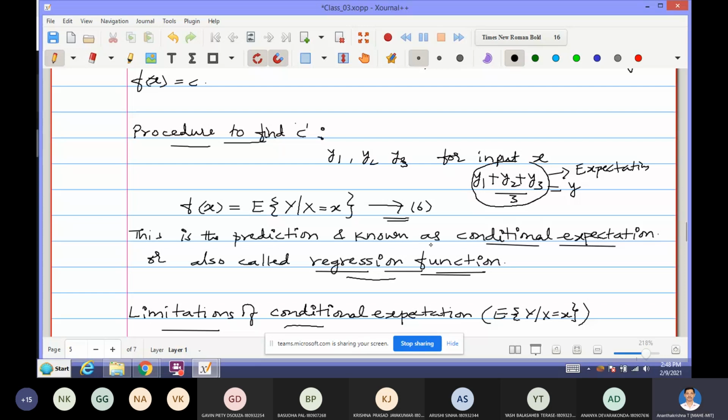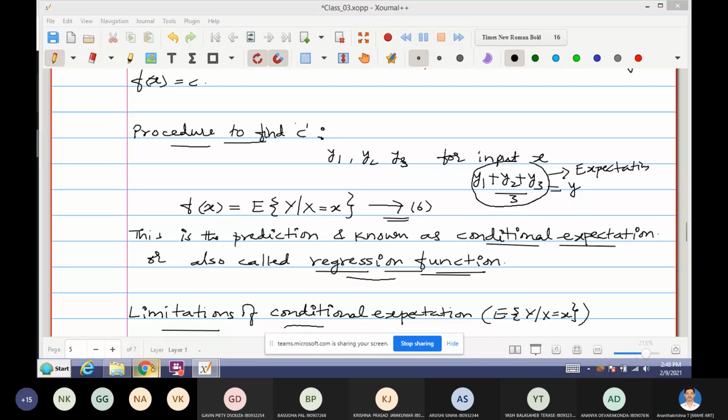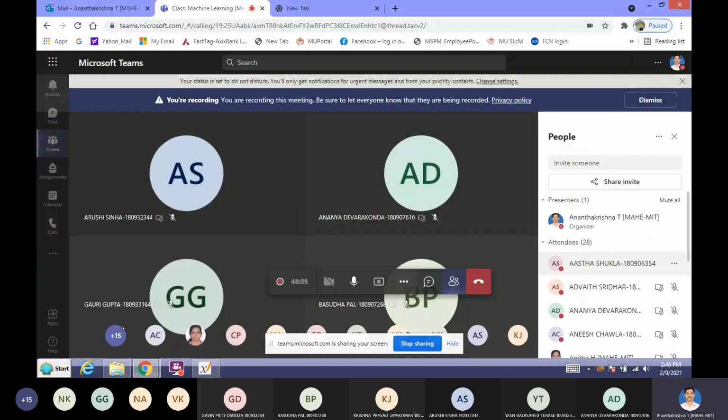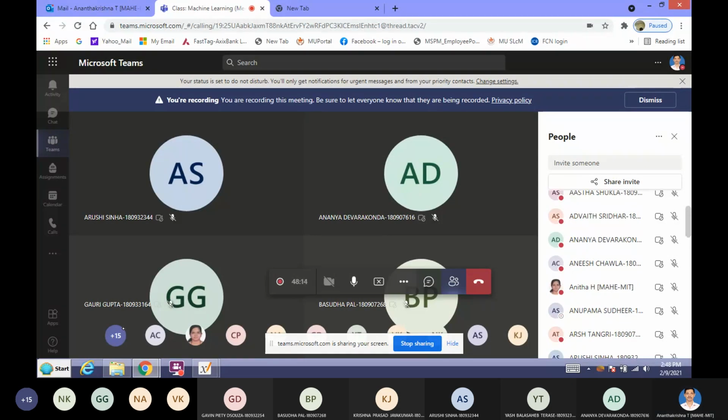Okay, any questions so far? We have just arrived at a regression function here. We'll get into some limitations of this anyway. Any questions so far?